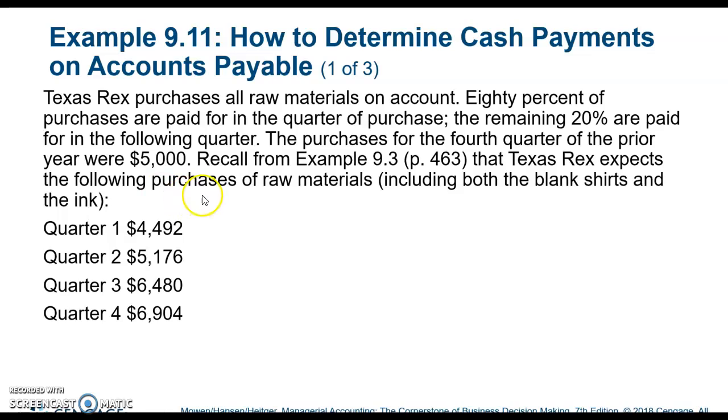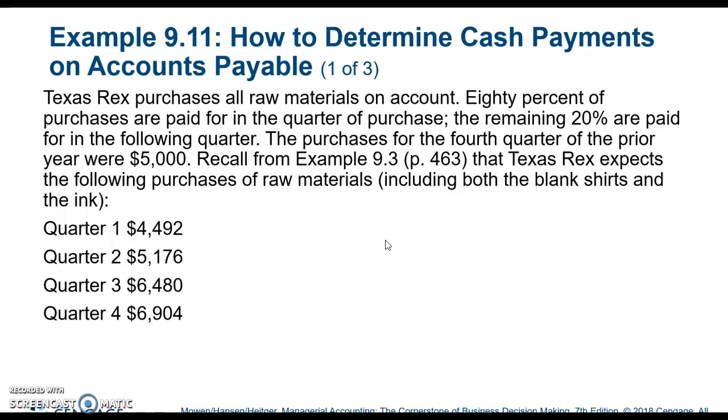Okay, and remember that we calculated out the direct materials budget, and we did ours in a previous video just on the blank shirts, but there's also one in the book on ink as well.